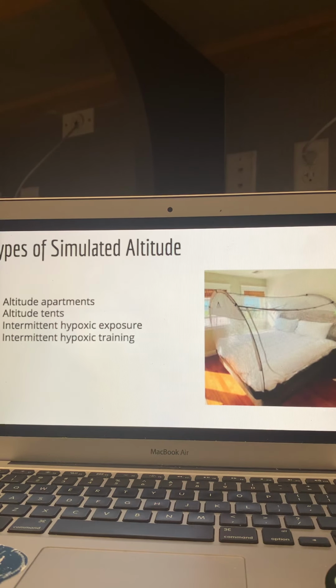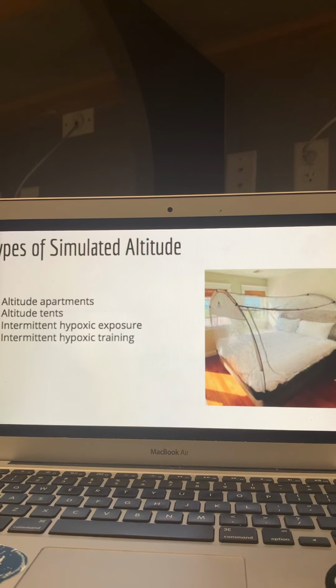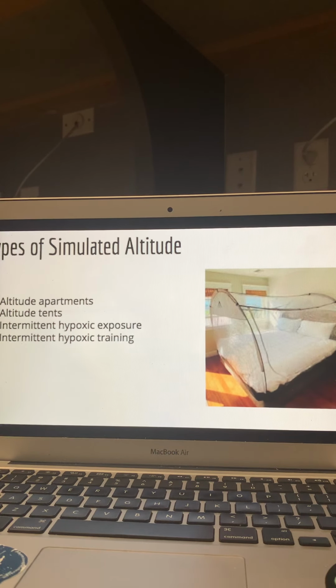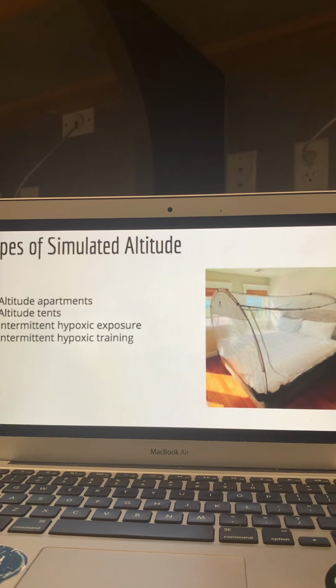Hypoxic air is, I believe, 9 to 15%, and normoxic air is around 21%. Intermittent hypoxic training is similar to the intermittent hypoxic exposure, so it's breathing hypoxic air intermittently with normoxic air, but during exercise, so that is the difference.